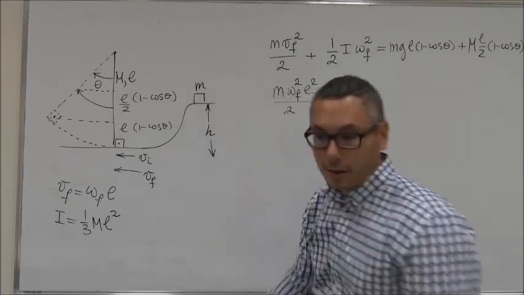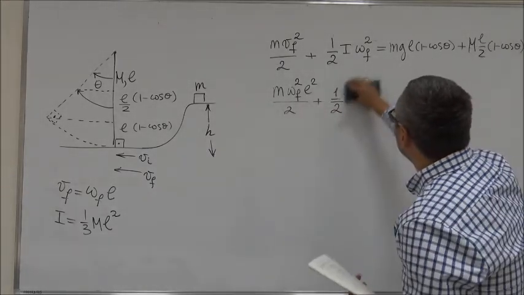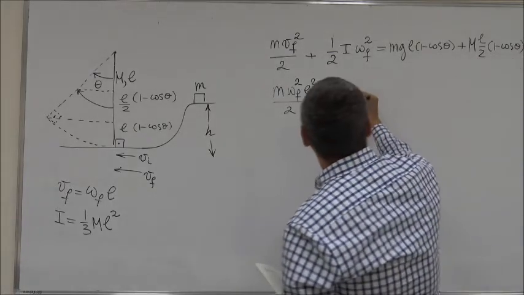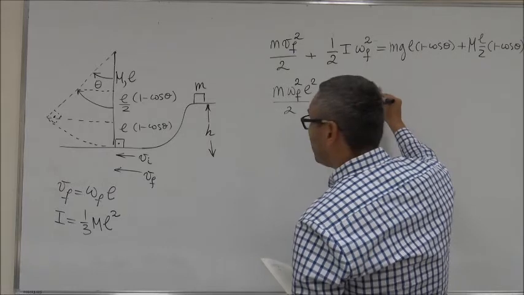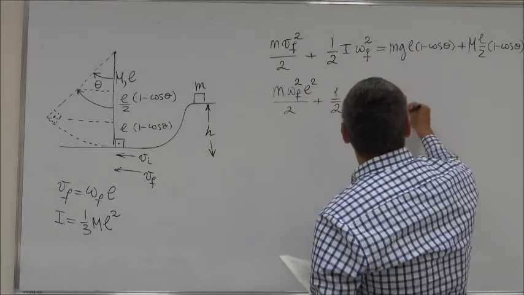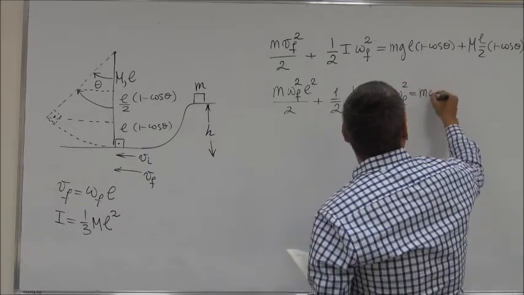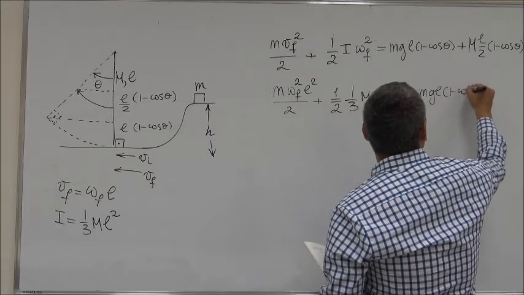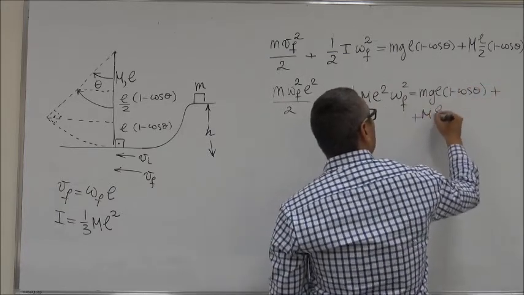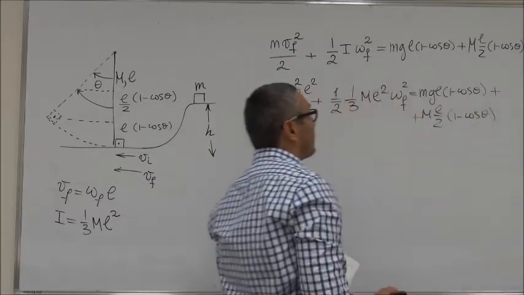Well, instead of I, we can now say 1 over 3 m L squared, and omega final is there. So this is equal to mgl (1 minus cosine theta) plus m L over 2 (1 minus cosine theta).